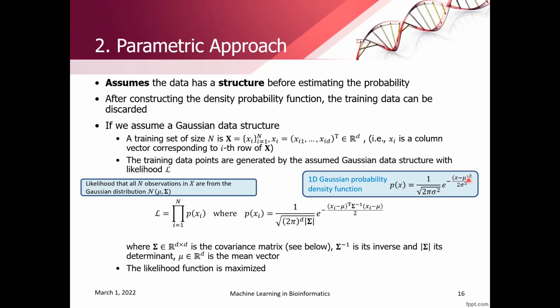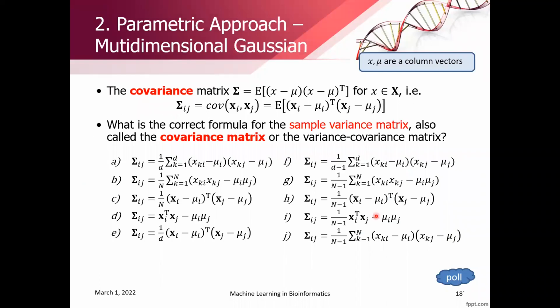So this is similar to the distance between x and the mean, or better, the expected value: x minus the expected value squared, divided by 2 times the variance, sigma. Here we use the inverse of the covariance matrix and divide by 2. And what is used here?